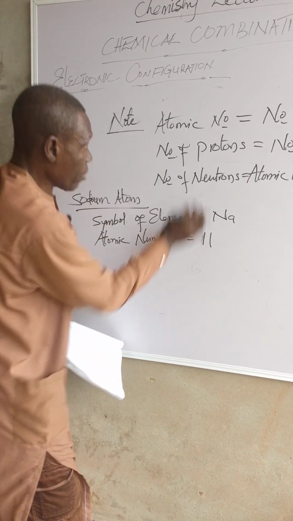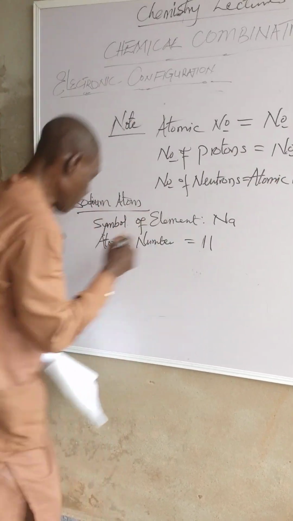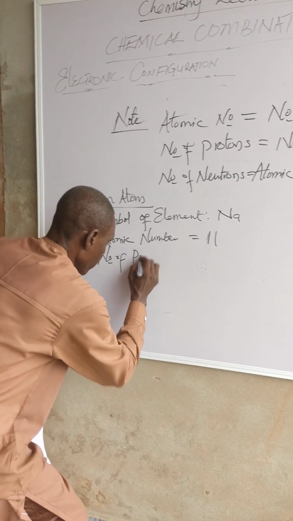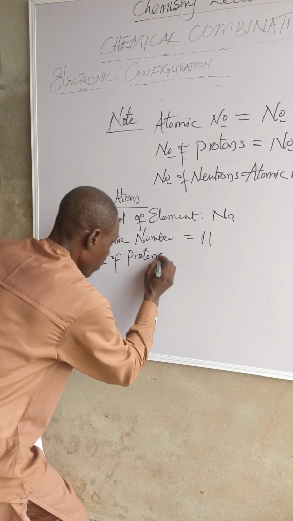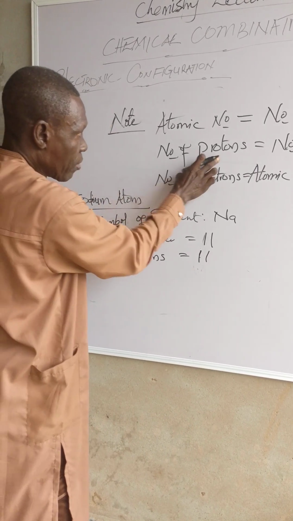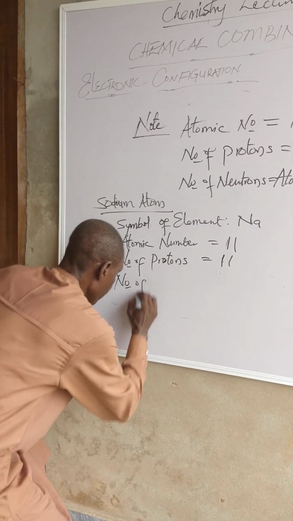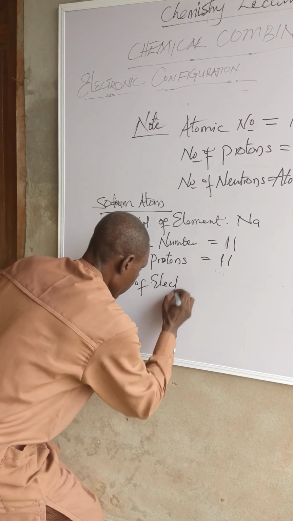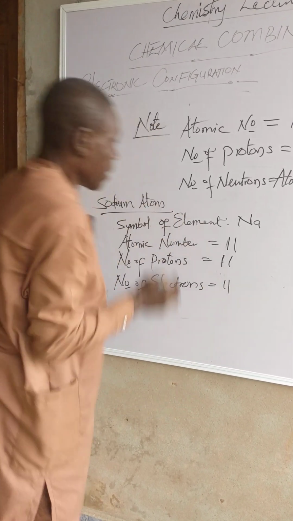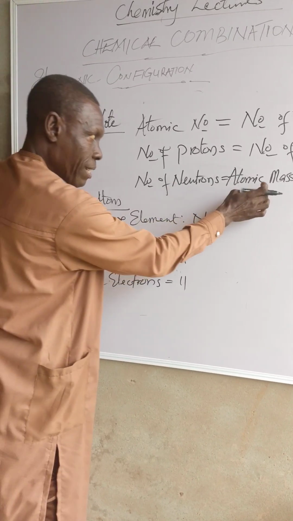Now, since you have known that atomic number is equal to protons, the number of protons is equal to 11. Then here said number of protons is equal to electrons, so number of electrons is equal to 11. Now number of neutrons. Before determining this, you must know atomic mass.